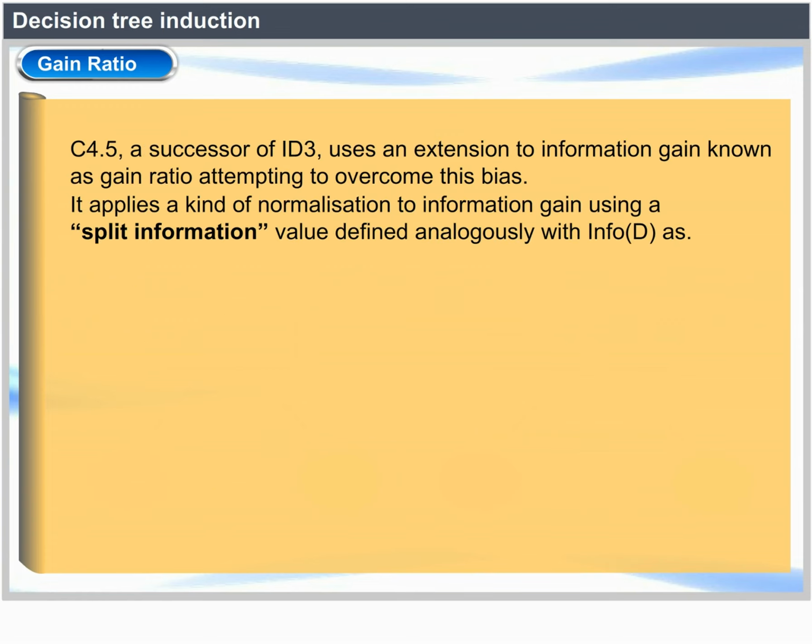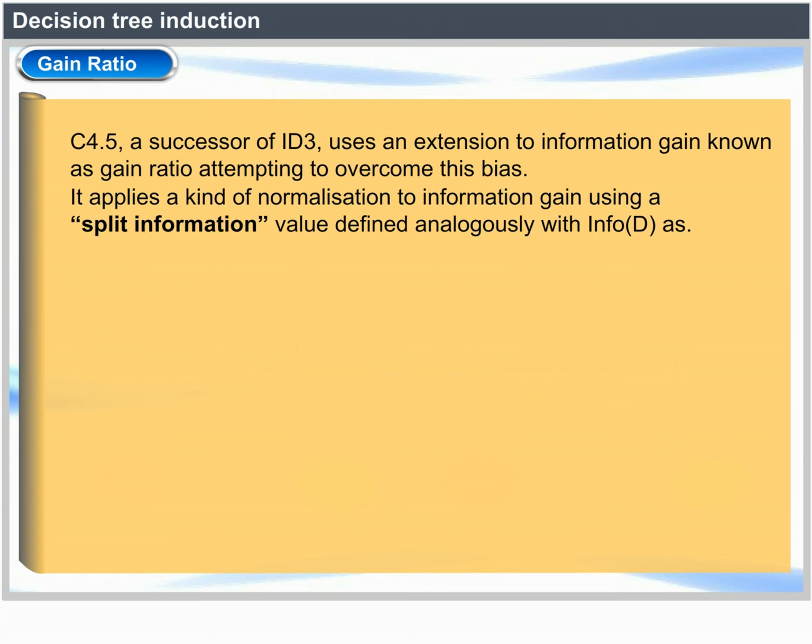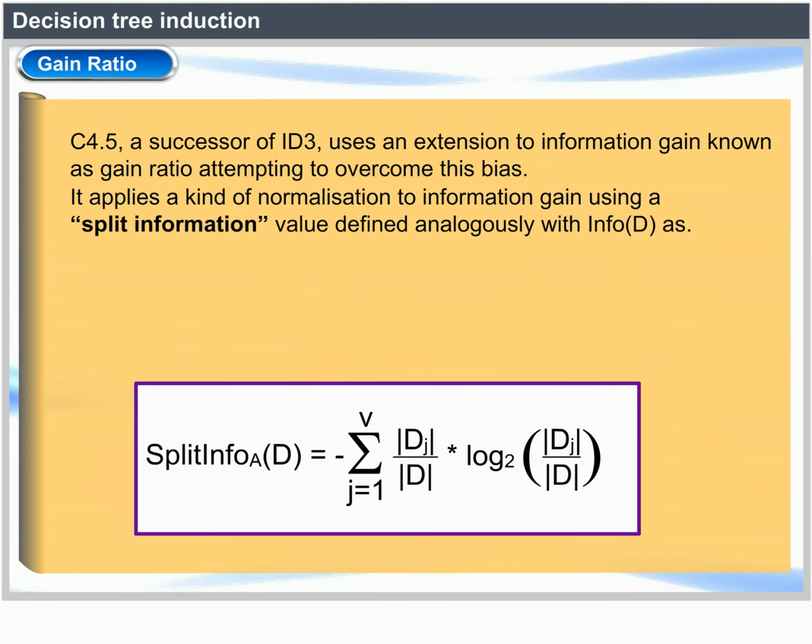C4.5, a successor of ID3, uses an extension to information gain known as gain ratio, which attempts to overcome this bias. It applies a kind of normalization to information gain using a split information value defined analogously with Info(D) as SplitInfo_A(D) equals minus the summation of j equals 1 to v of |Dj| divided by |D| times log base 2 of |Dj| divided by |D|.